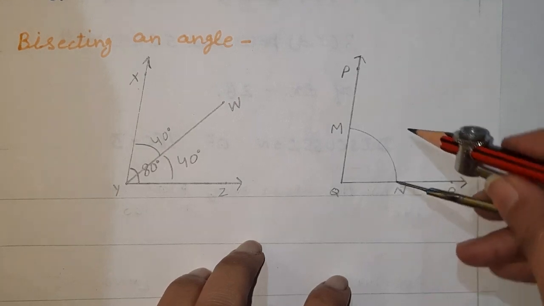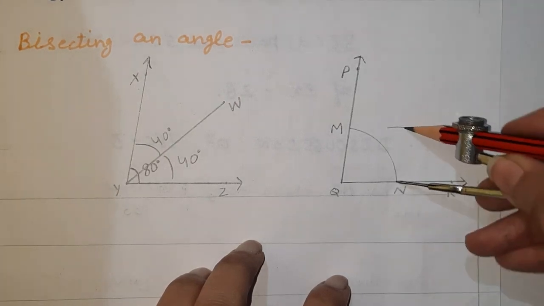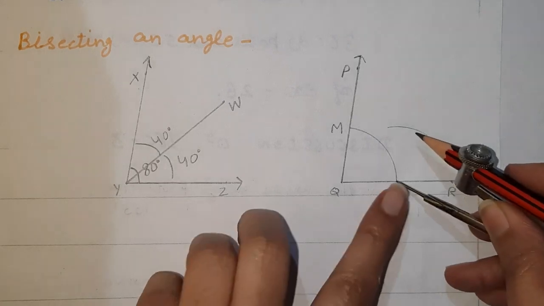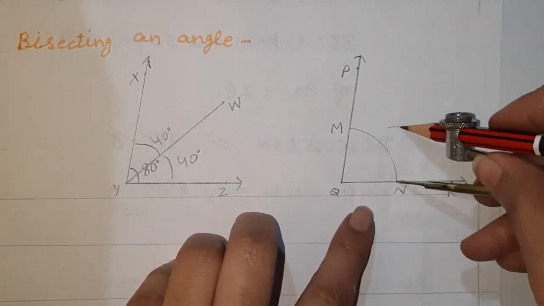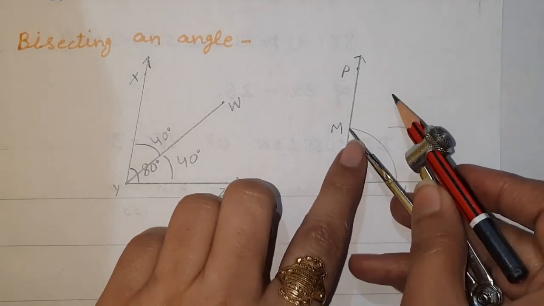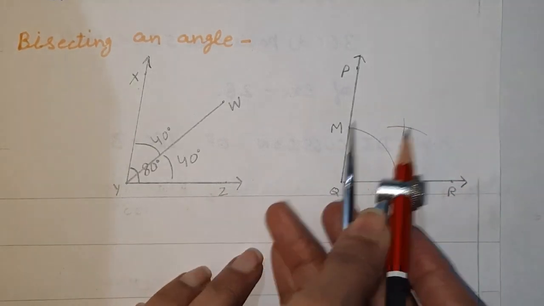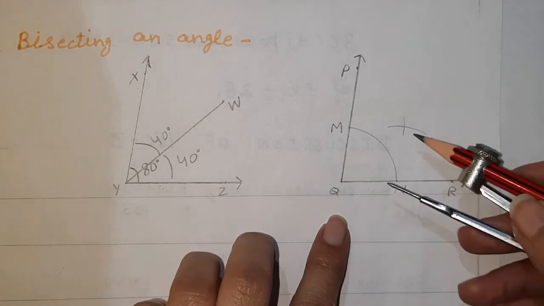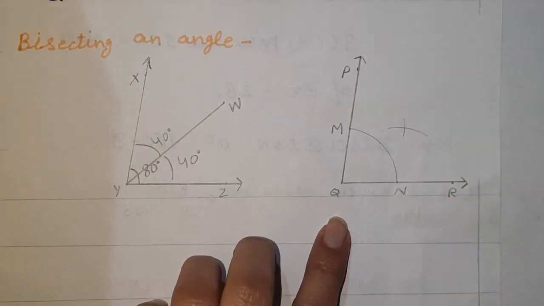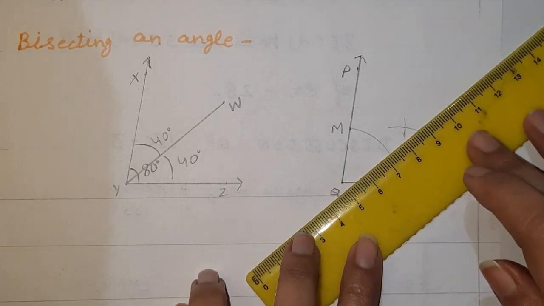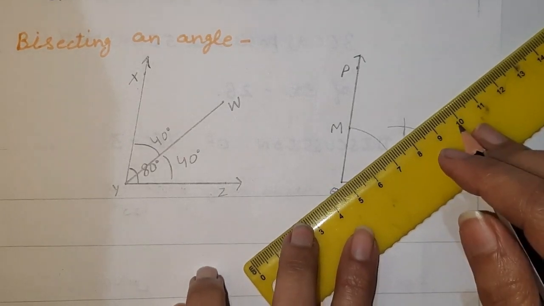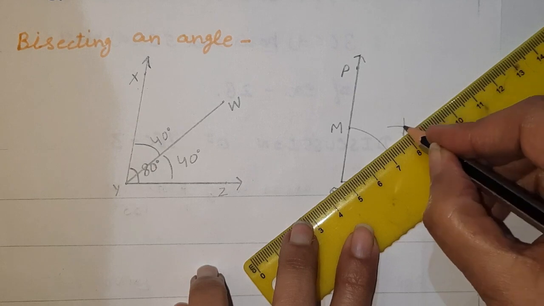Now with the same radius, put the end of the compass at N and draw an arc. From M, draw another arc which will cut the previous arc. Now join this meeting point.